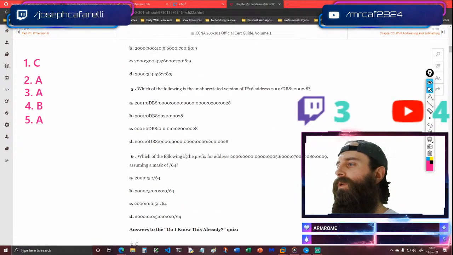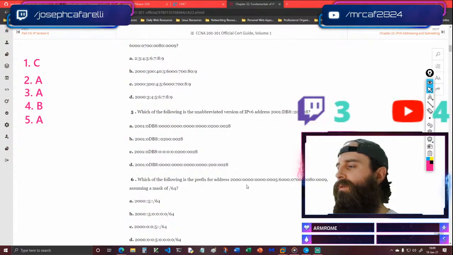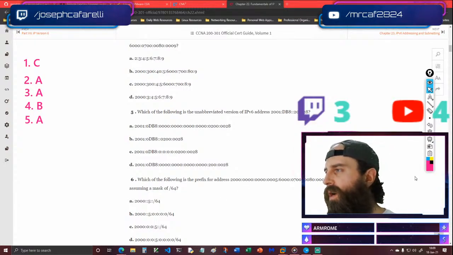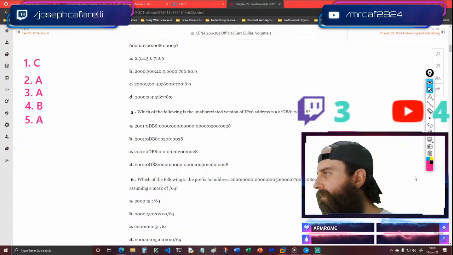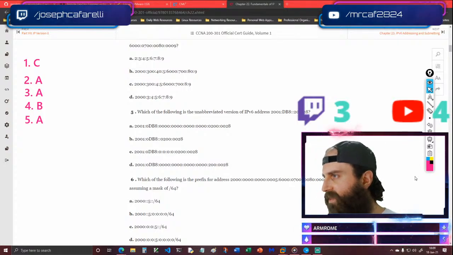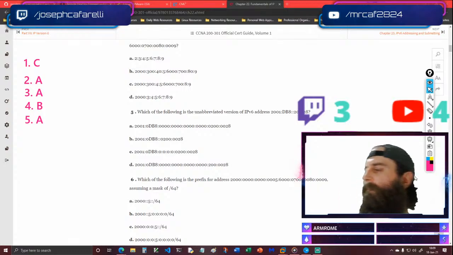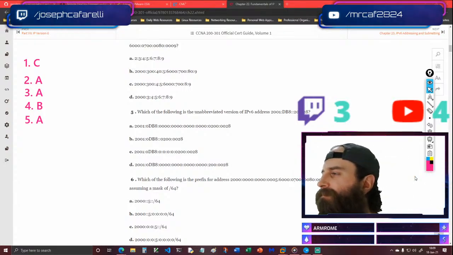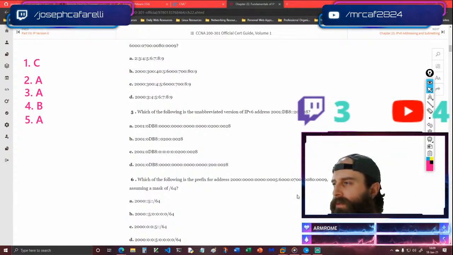All right. Which of the following is the prefix for the address 2000, assuming the mask is 64? Which of the following is the prefix given that address?